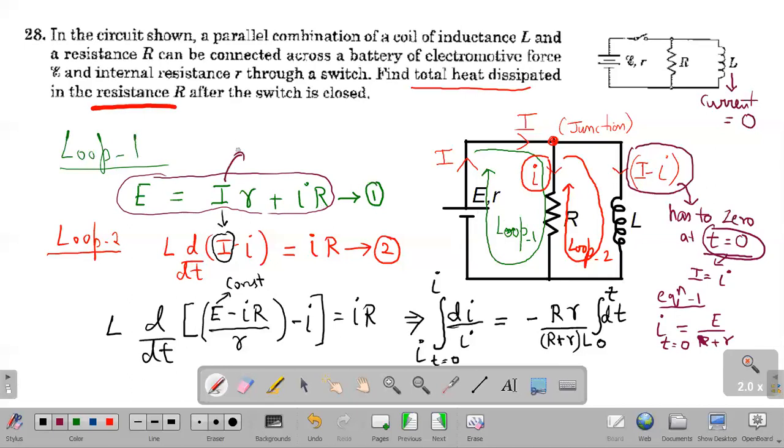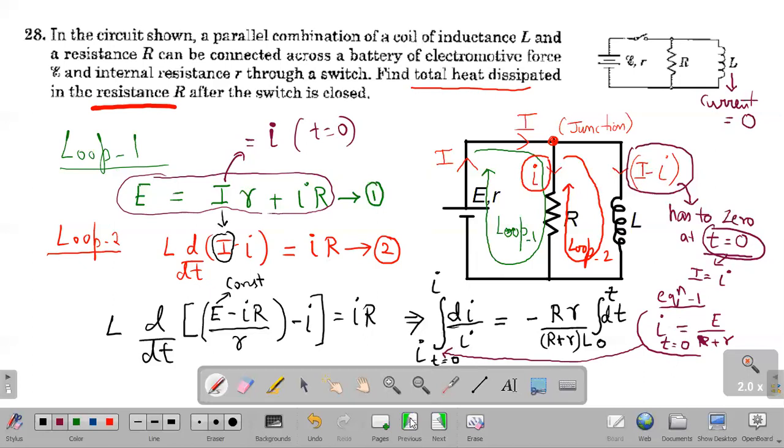So small i will be the EMF E divided by capital R plus small r, and this initial value, this i at t equal to 0, is the lower limit on the left hand side.